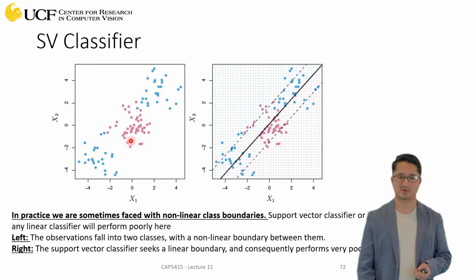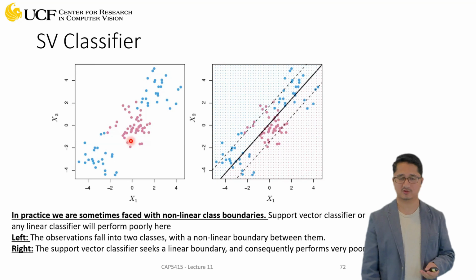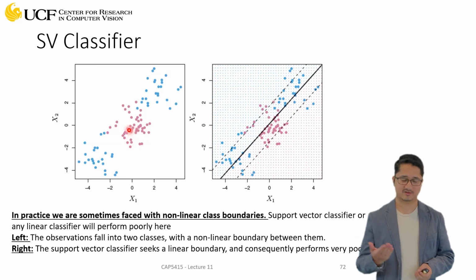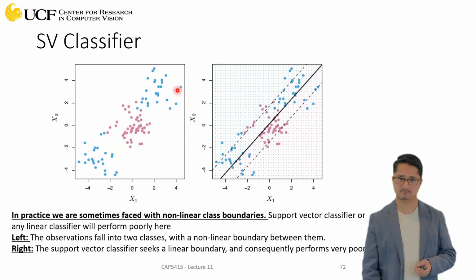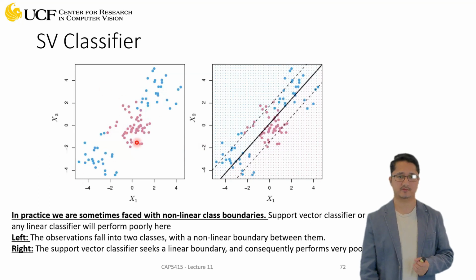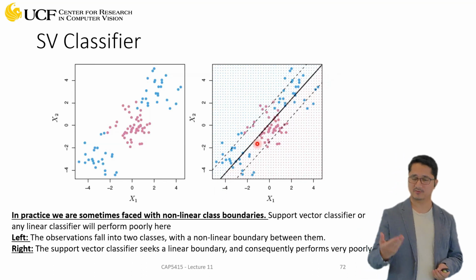Now, however hard you try, you can for sure not create a decision boundary which is linear and use that as a classifier to solve the classification problem on this kind of data. If you try to learn, let's say, a support vector classifier using this training data, you might get something like this. But again, it might work for some samples.